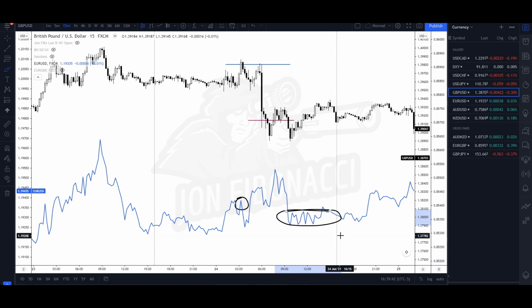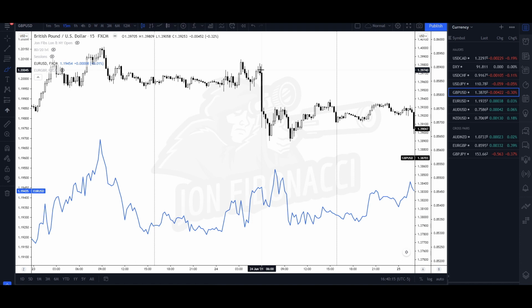So there wasn't really a lot offered there unless you had waited until New York to short up in that area. But by that time, the number of pips, at least to me, and even in terms of risk reward, I don't think was as good to the downside here as much as British pound was. I hope that makes sense.